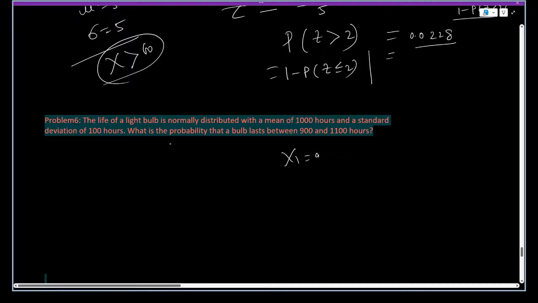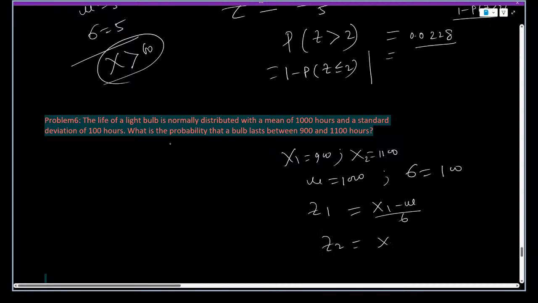So here x1 is 900, x2 is 1100, mu 1000 and sigma 100. So Z1 is what? x1 minus mu by sigma. Z2 you find x2 minus mu by sigma. Just substitute the values there.